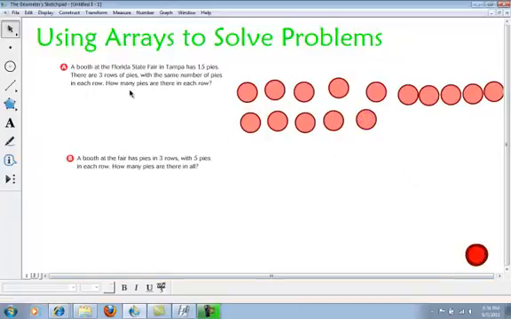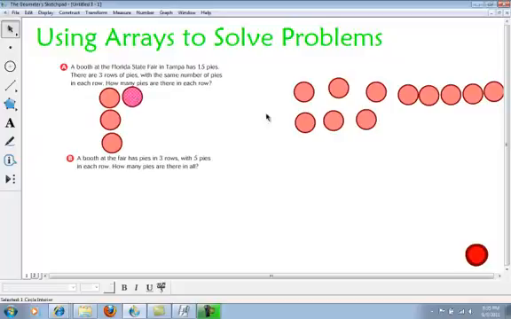So we've counted out 15 pies. It tells us that there are 3 rows of pies with the same number of pies in each row. So let's start by showing our 3 rows. 1, 2, 3 rows. So I'm going to continue arranging my 15 pies into 3 rows to form an array.